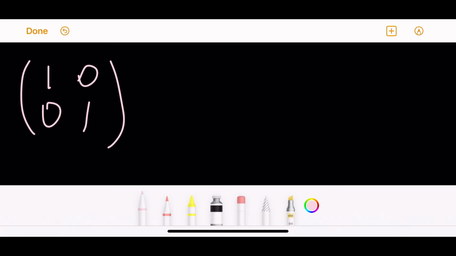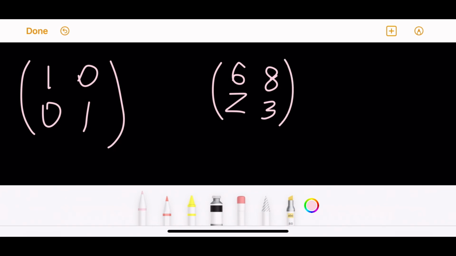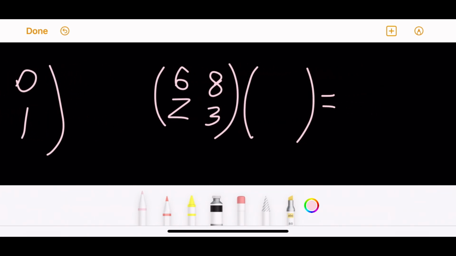If the question asks you to find the inverse of this matrix 6, 8, 2, 3, what you do is multiply it by another matrix, preferably a 2 by 2 matrix again. So I'm going to let there be 4 unknowns, w, x, y, z.